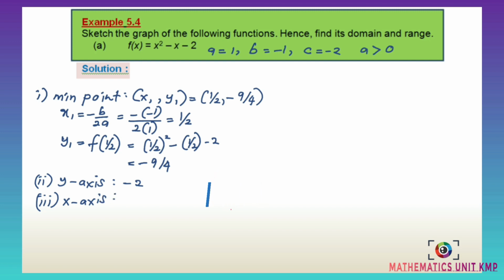From the function x squared minus x minus 2 equal to 0, you can factorize. Try to factorize this quadratic: x times x, and 2 times 1, minus 2 plus 1. The x-axis intercepts are at negative 1 and 2.